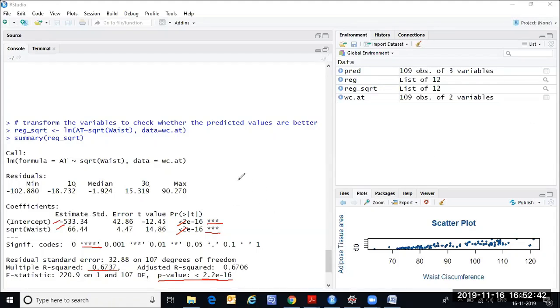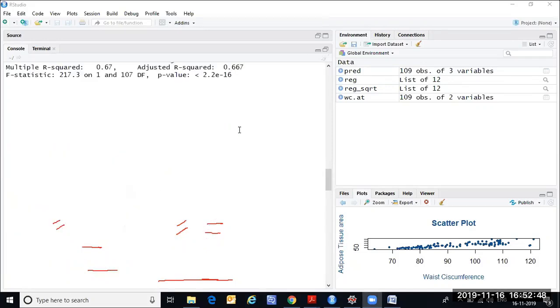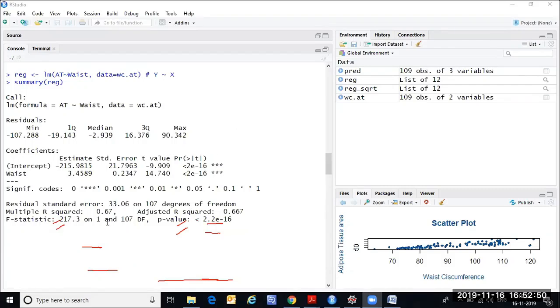What was the previous R squared value we got? 0.67.